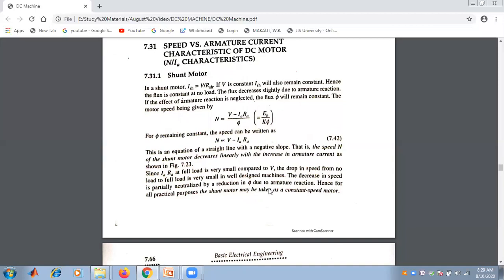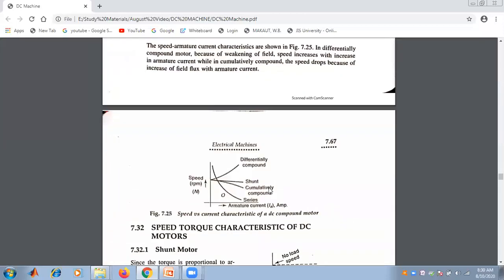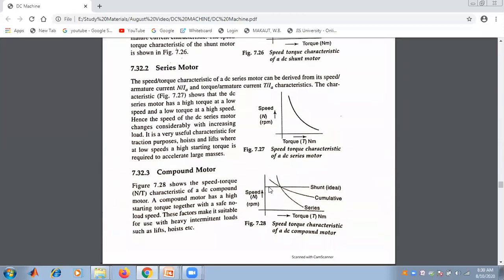With the help of these characteristics, we have seen how the different motors are useful for different purposes or applications today.